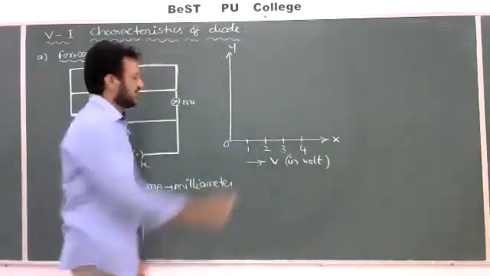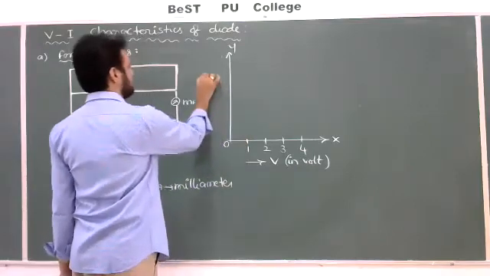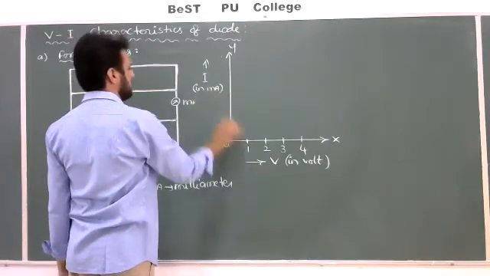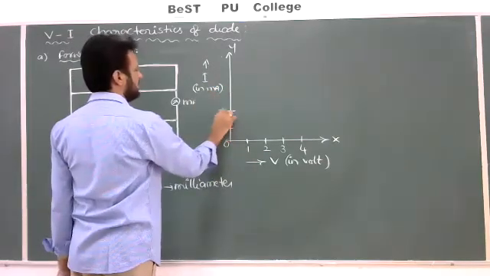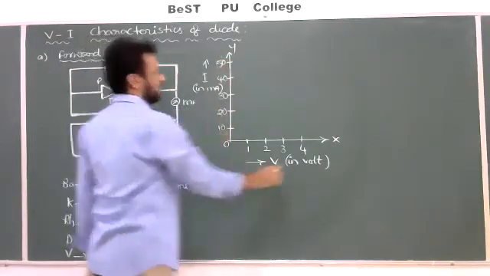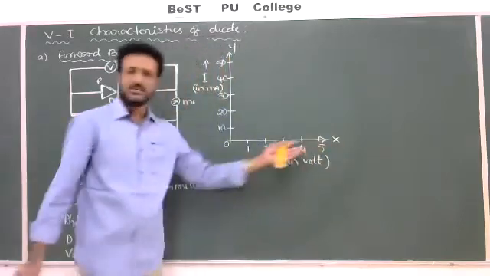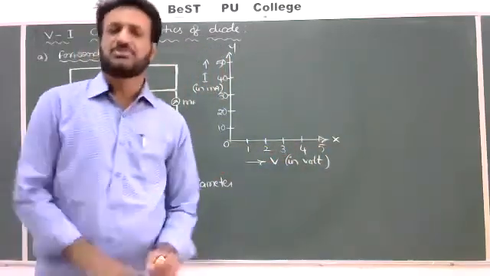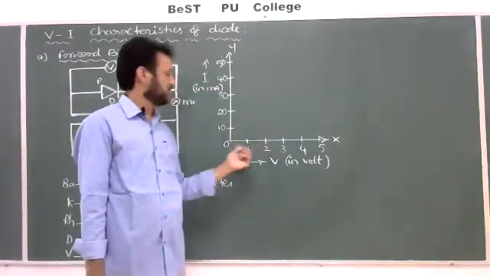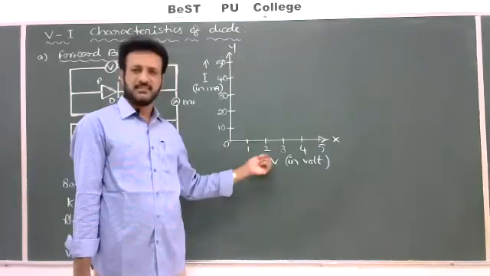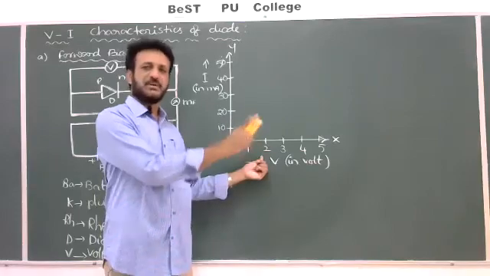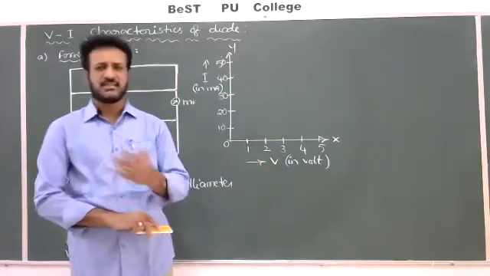Here also current, taken in milliampere, like 10, 20, 30, 40, 50 and so on, your choice. But here no need to take 1, 2, 3, 4 volt; your choice: 0, 0.05, 0.1, 0.15, 0.2, 0.25, 0.3, 0.35, 0.4 also you can take.